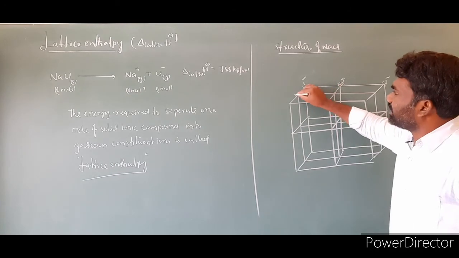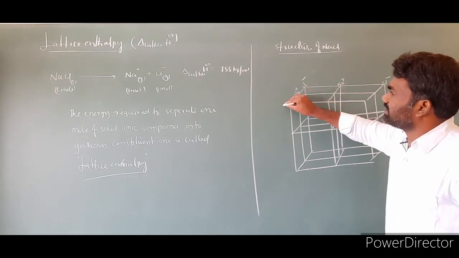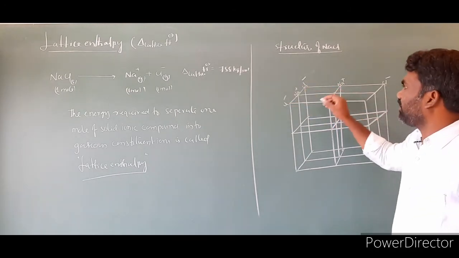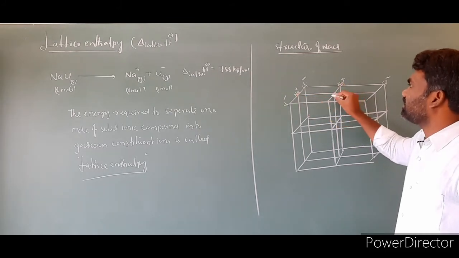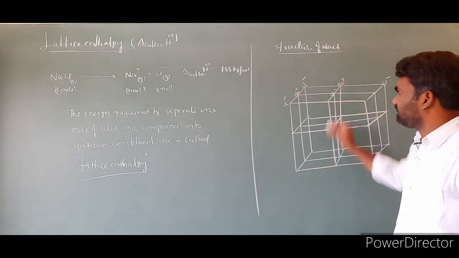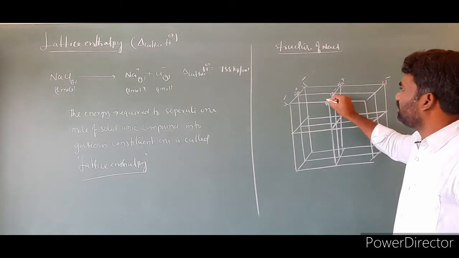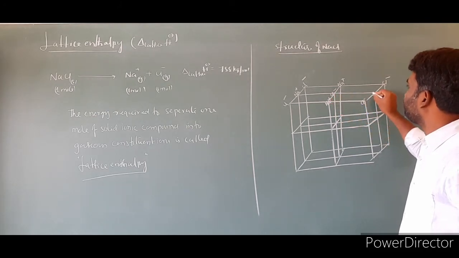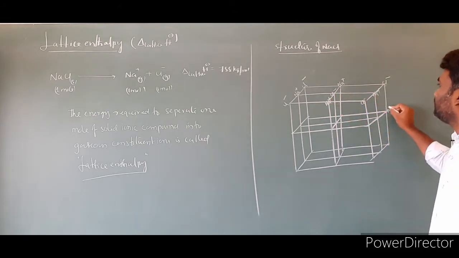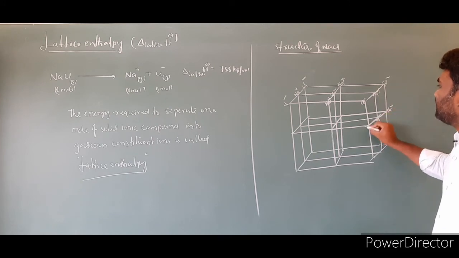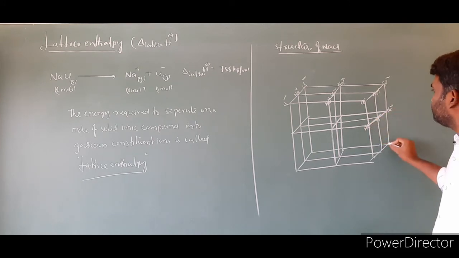Then Cl minus here, Na plus, Cl minus. Like that we have to arrange Na plus, and here we will get Cl minus. So we arrange all the positions in a similar way. Na plus, Cl minus, Na plus.